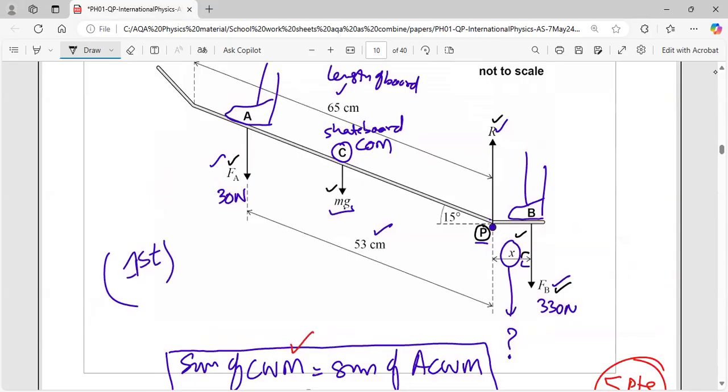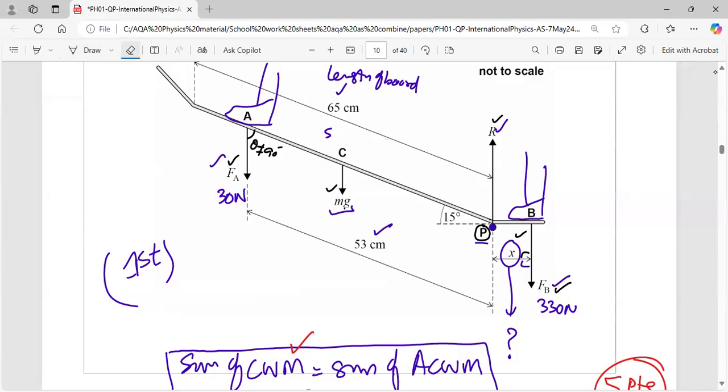So what you have to do is find their perpendicular distance. For A, the distance is 53, but this is not perpendicular because this theta is not 90. So that's why you can't use this 53. Similarly, this mg doesn't have any perpendicular distance from the pivot.